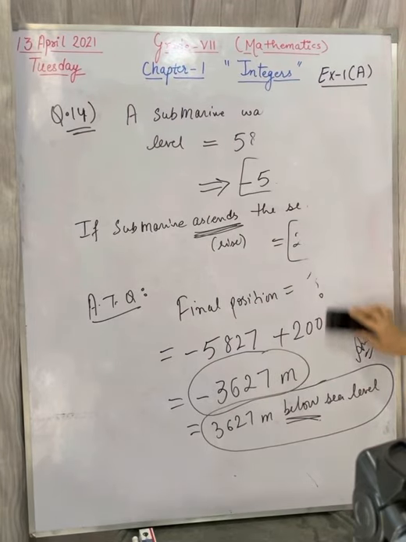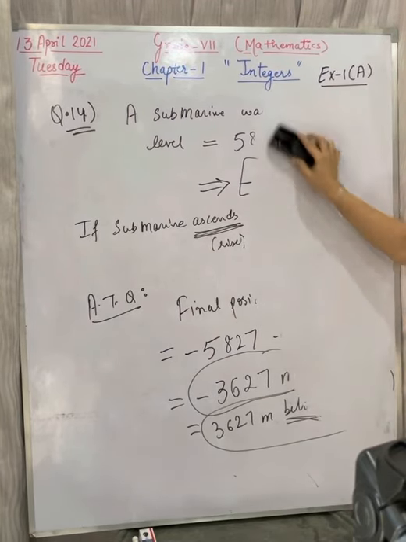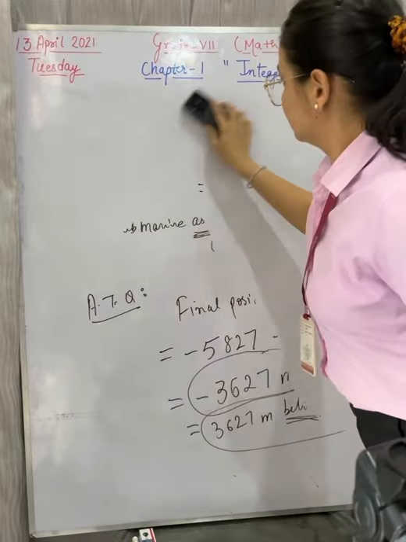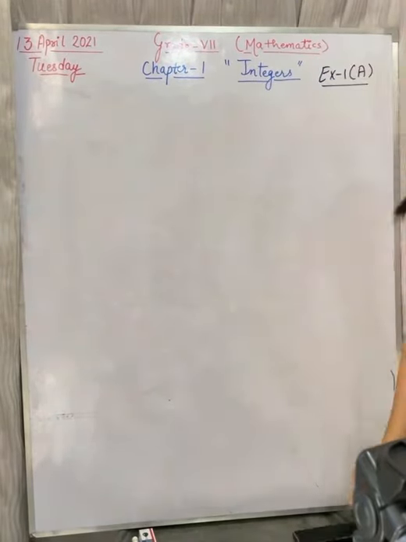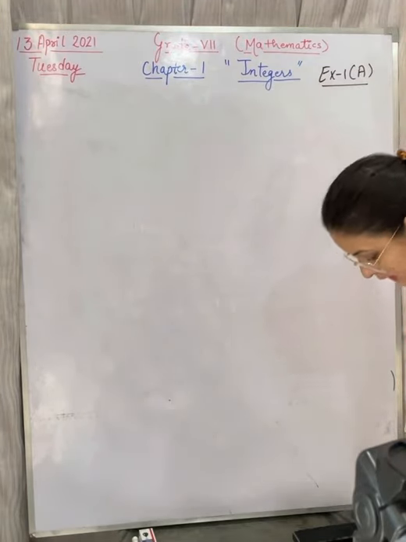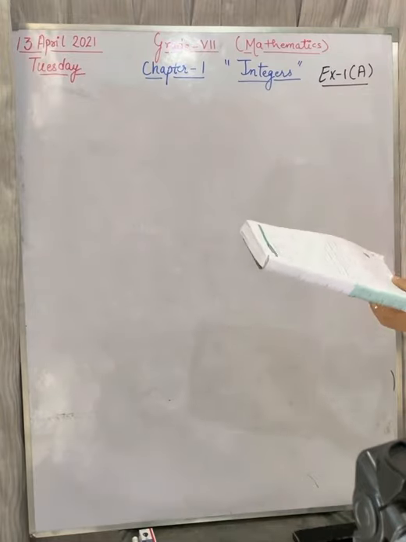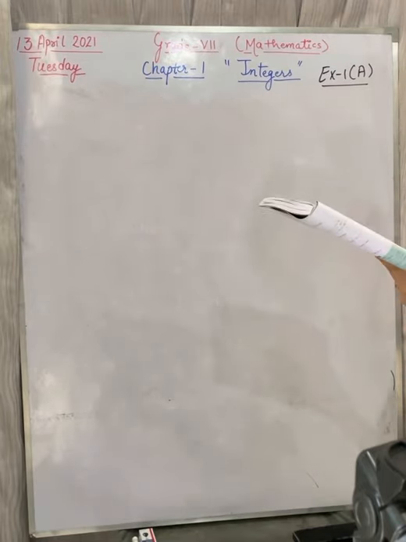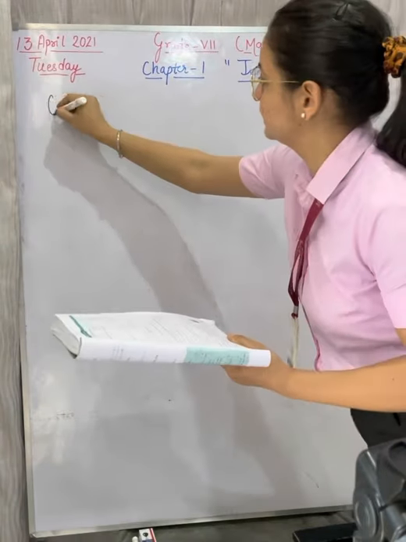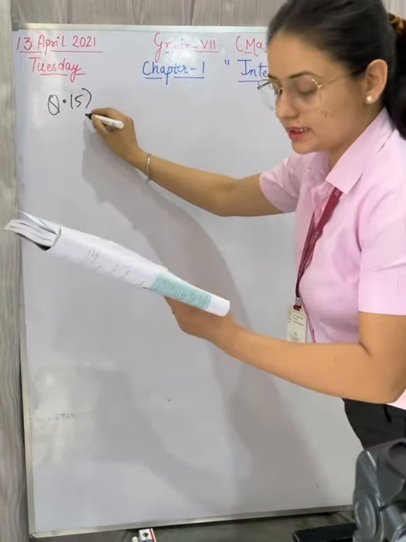The next question is question number 15. They are saying that on a particular day, the temperature of Gurugram at 9 AM was 15 degrees Celsius. I am reading the statement and writing here side by side.